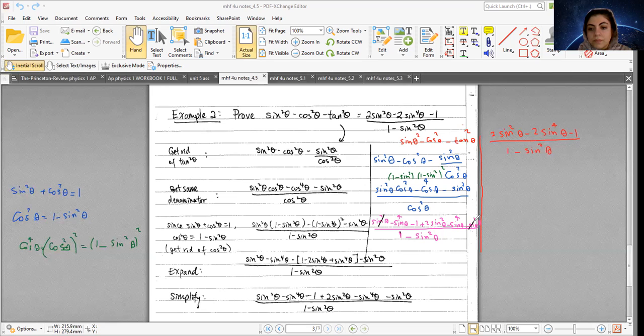We have 2 sine power 2 and 2 negative sine power 2. Okay, so this is 2 sine power 2 theta, negative sine power 4 is going to be negative 2 sine power 4. And we have negative 1 divided by 1 minus sine power 2 theta.